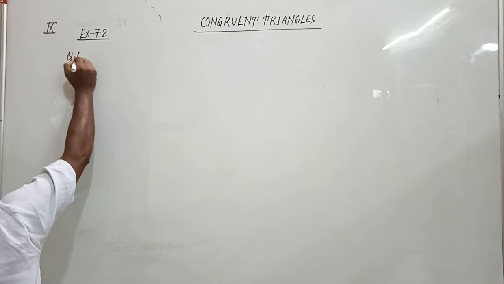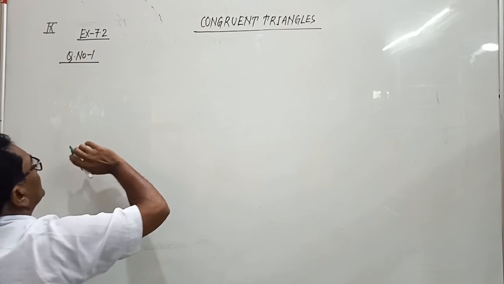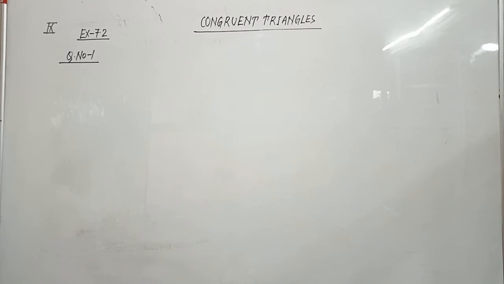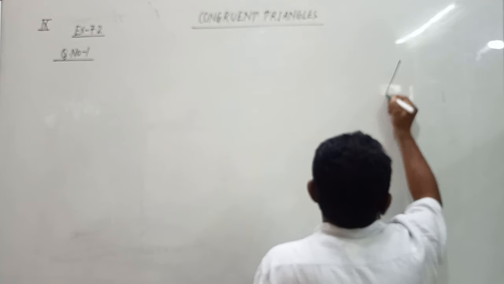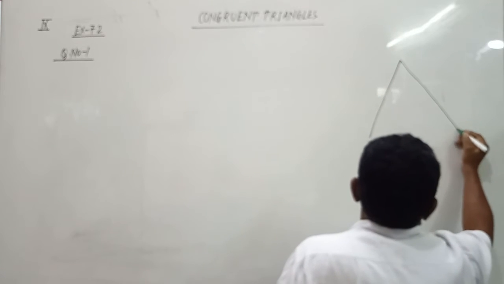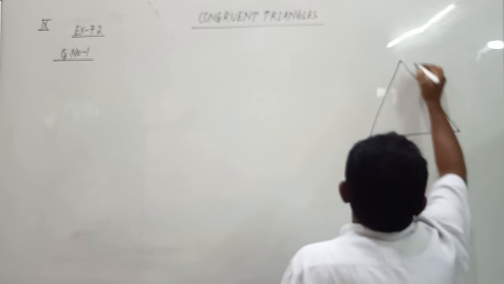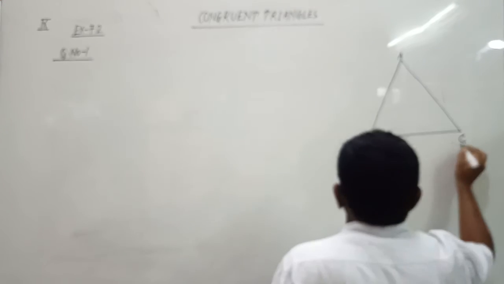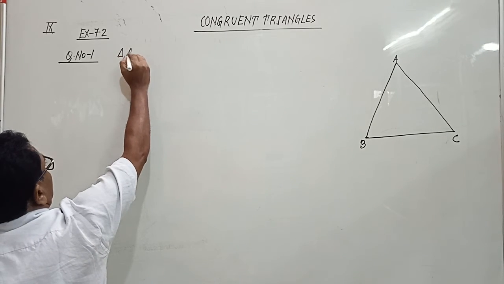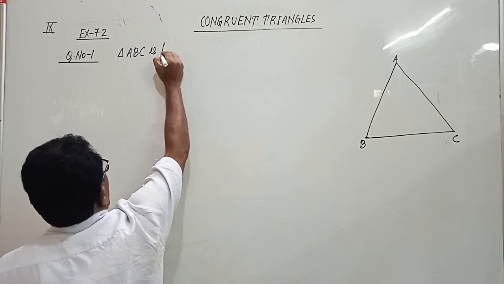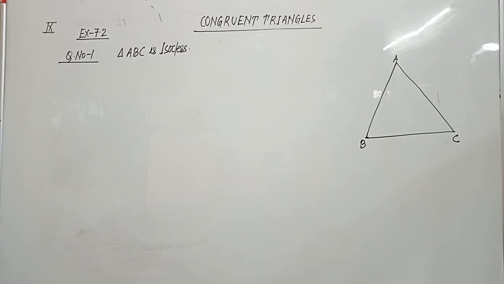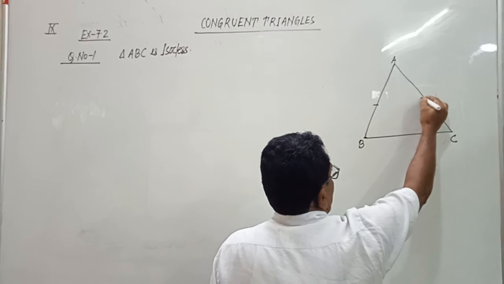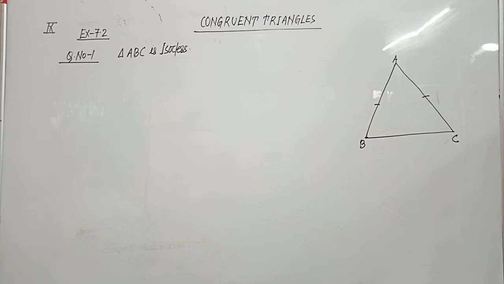First question of exercise 7.2. Triangle ABC is isosceles with AB equals AC. In an isosceles triangle two sides are equal, so we are given side AB equals AC.